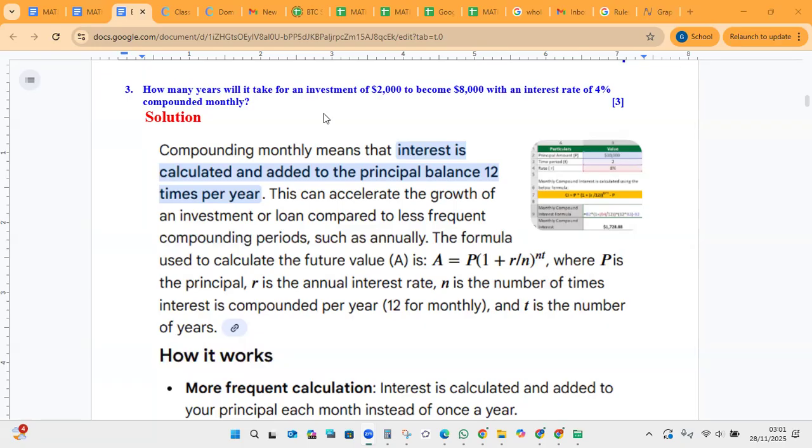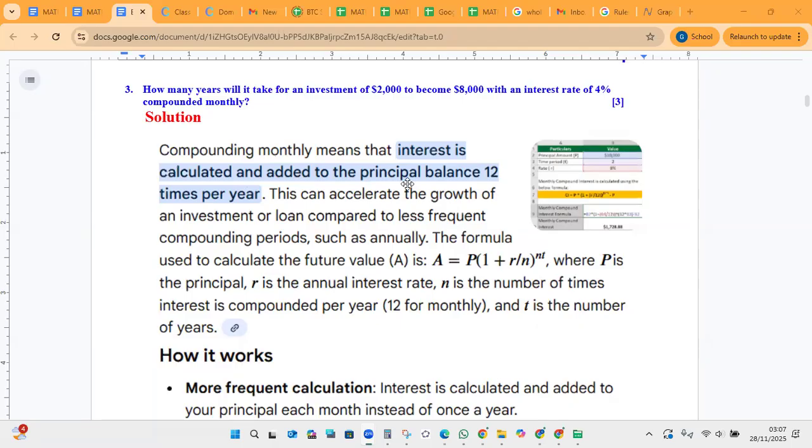So before we go to the actual solution, let us do a little reading with regards to compounding monthly. Compounding monthly means that interest is calculated and added to the principal balance 12 times per year, because there are 12 months in a year.